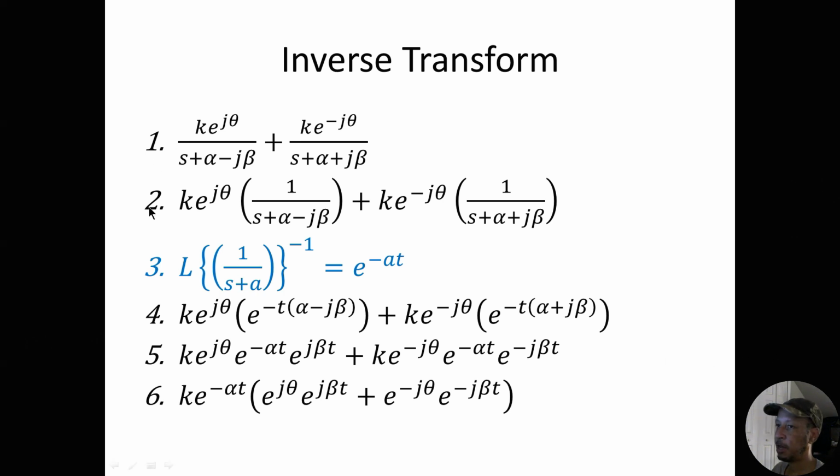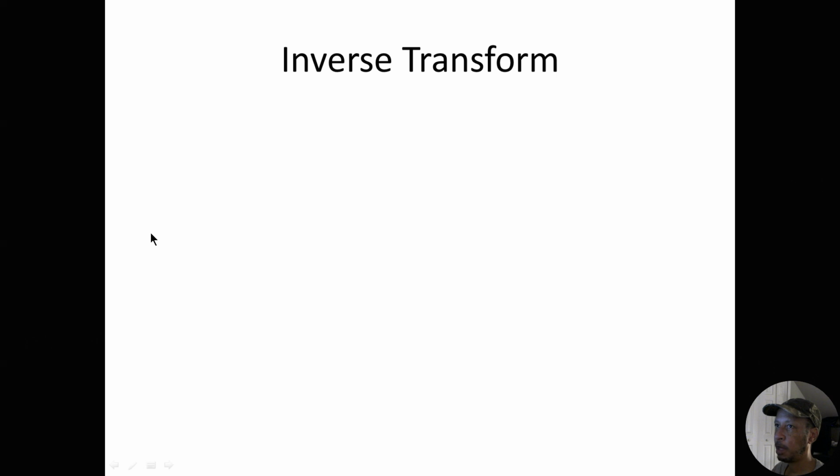Next I simplify a little bit more, and I end up with k times e to the negative alpha t, and in parentheses I'm multiplying that by e to the j times beta t plus theta plus e to the negative j times beta t plus theta.